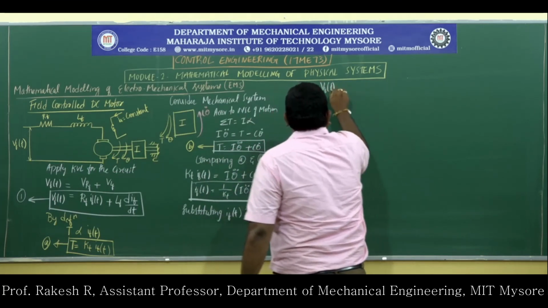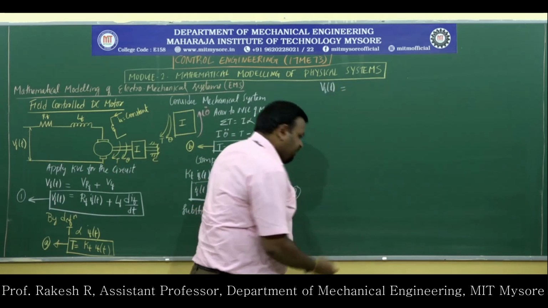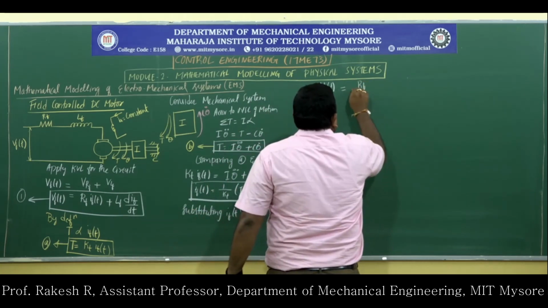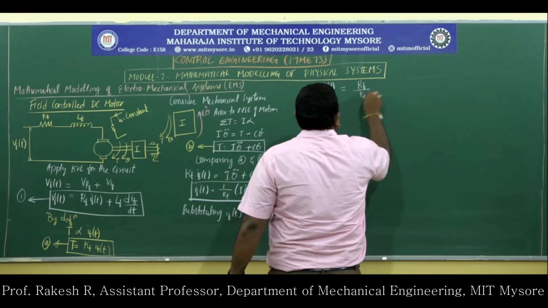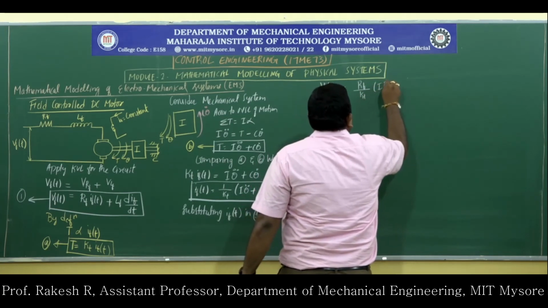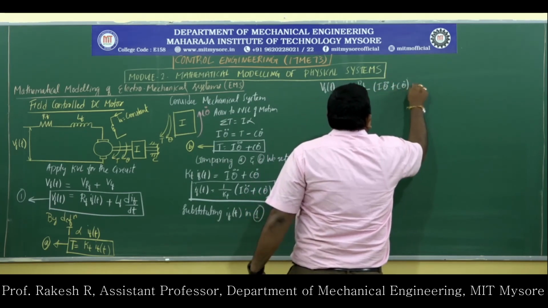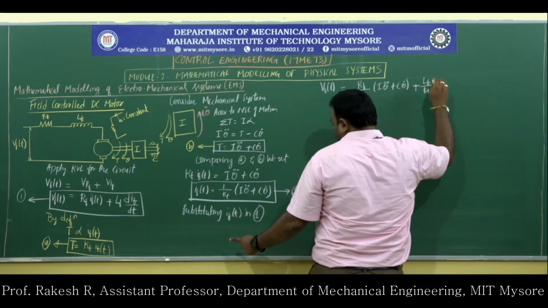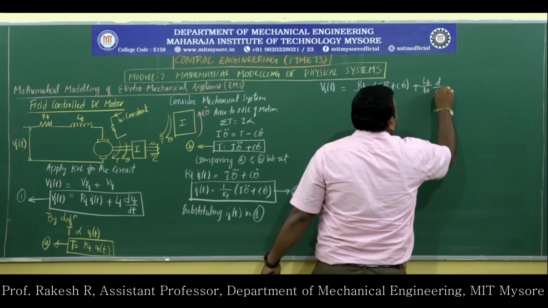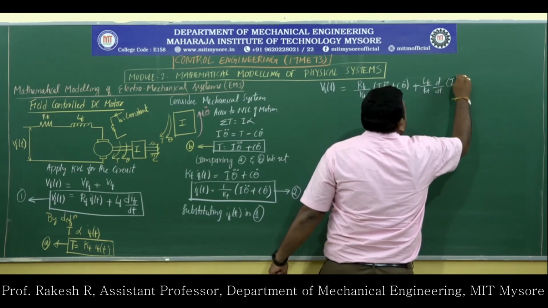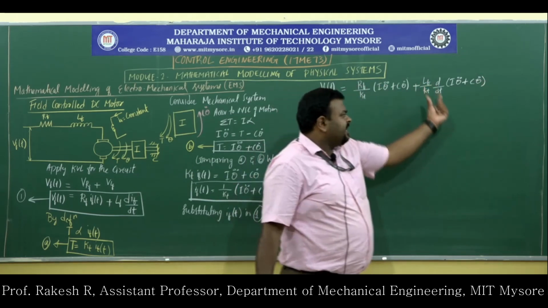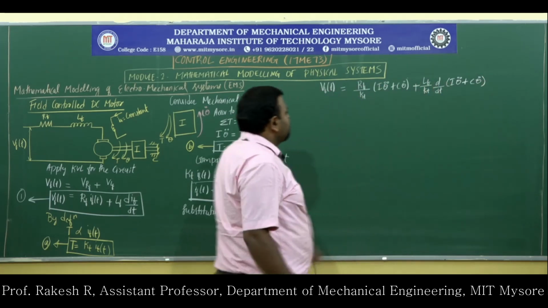Vf of t will be equal to Rf divided by Kt into I theta double dot plus C theta dot, plus Lf by Kt into d by dt of I theta double dot plus C theta dot. So remember, please, d by dt, very important term.